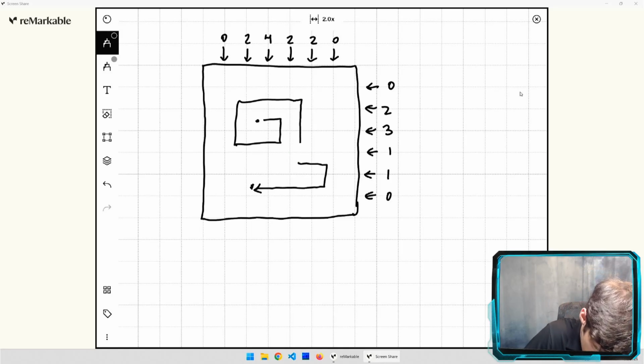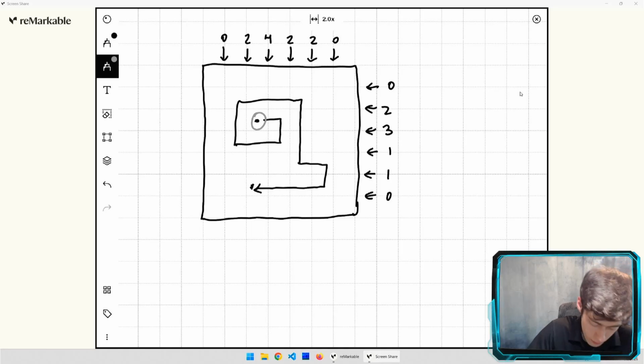Okay, so this is what we're given as input. We're given the starting coordinate of the pigeon and these two lists of numbers, and we want to find the final coordinate, the ending coordinates of the pigeon.